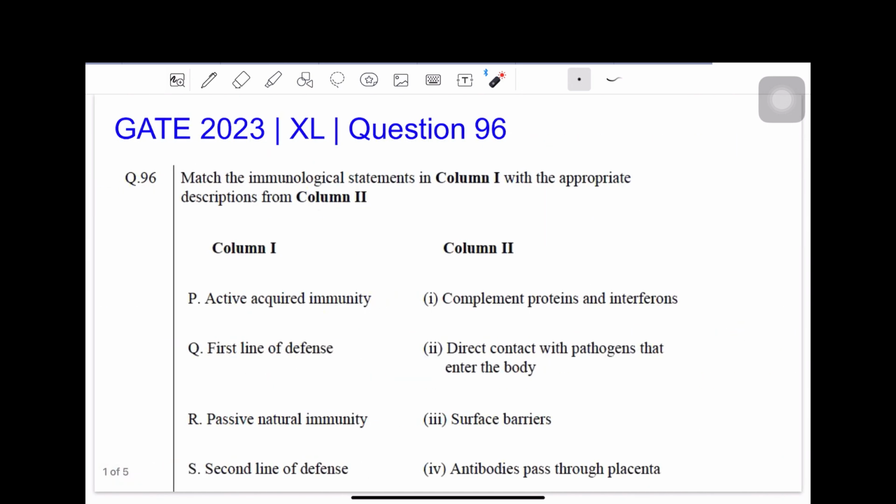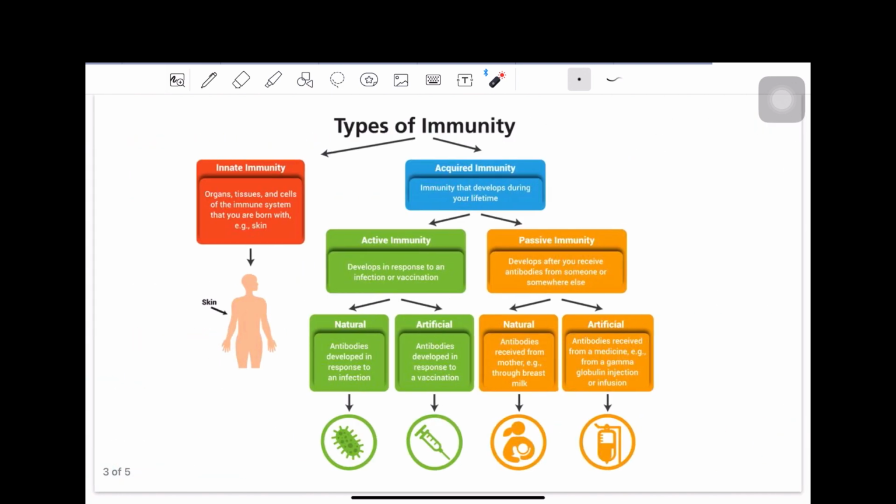Now, coming back to the question, it is mentioning the different types of immunity, active acquired immunity, passive natural immunity. So let's discuss these types of immunity first. There are two distinct types of immunity. One is innate immunity, another is acquired immunity.